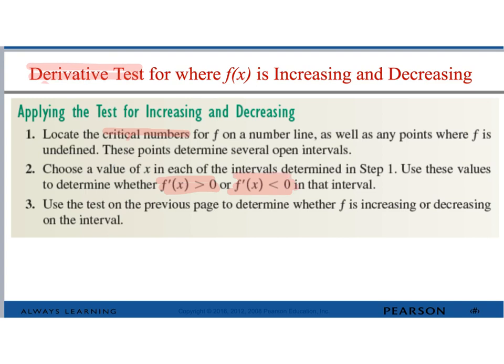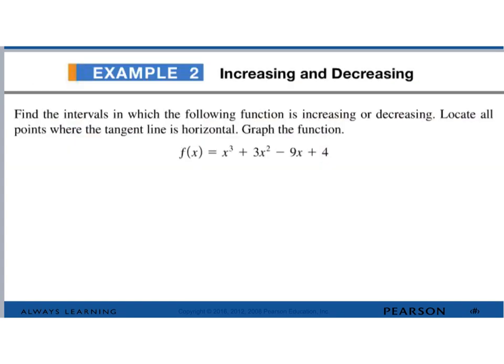And when the derivative is positive, that tells you that the function's rate of change is positive, therefore the function is increasing. And when the derivative is negative, we know the rate of change is negative, which means your function is decreasing on that interval. So here we're going to do our first example.